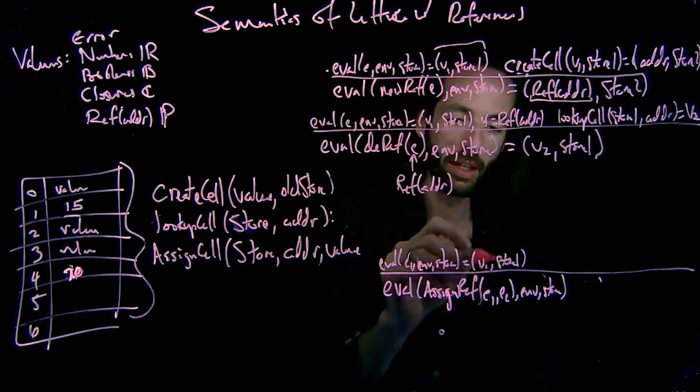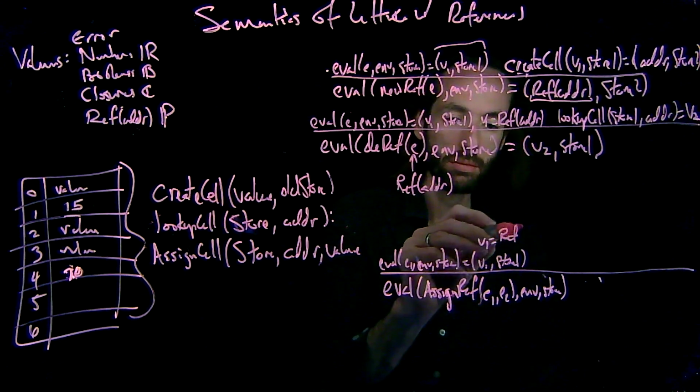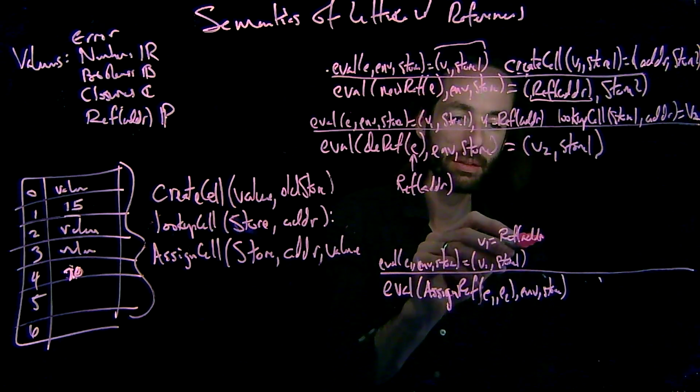And we want to make sure that V1 is equal to some reference type, a reference to an address.